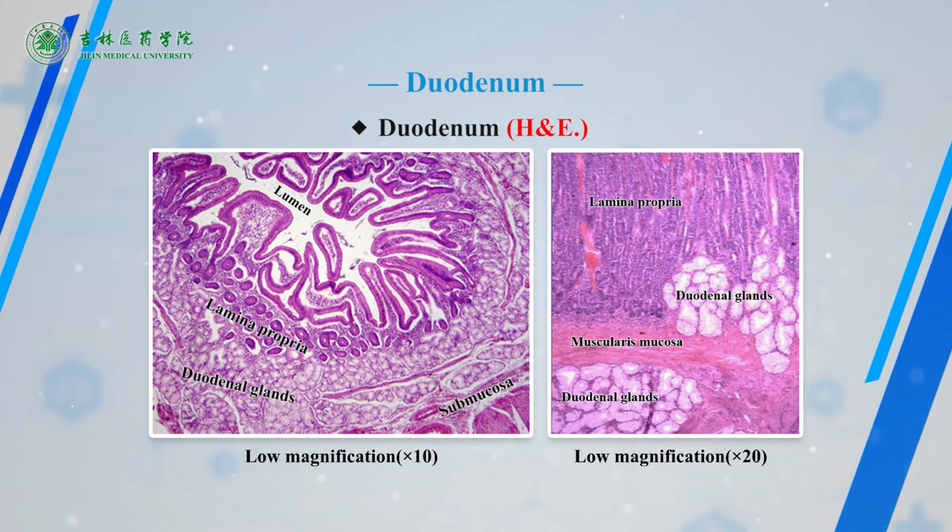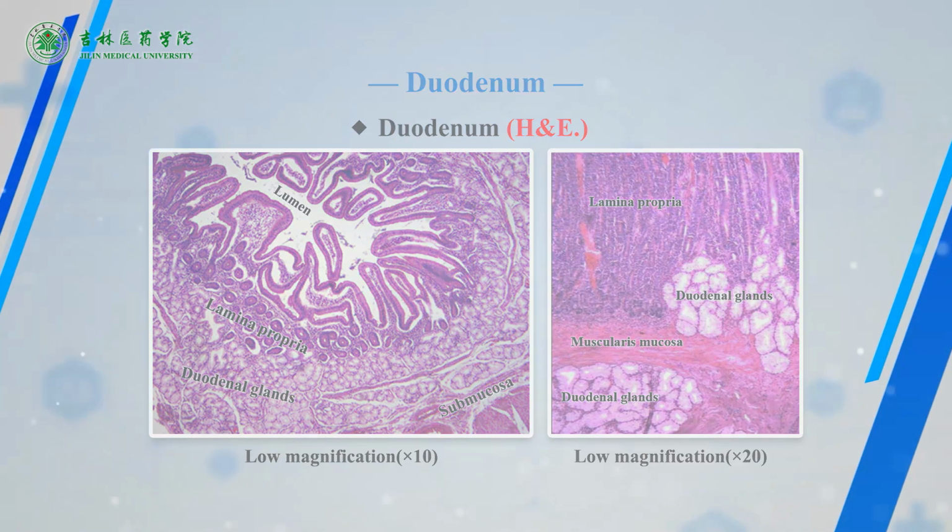The cells are pyramidal or columnar in shape with blue stained or meshwork-like cytoplasm and flattened rod nuclei in the cellular base. The lumens of acini open into the intestinal glands.